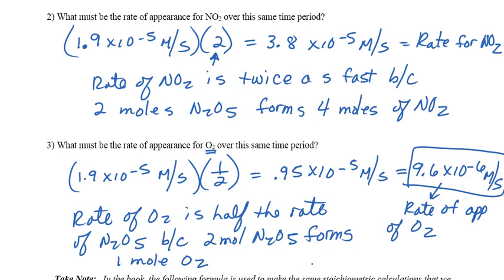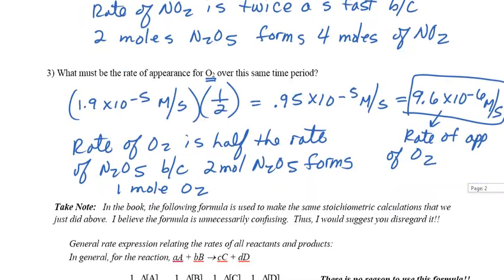See how easy that is? Once you get one rate, you can then just compare using stoichiometry to get the rates of the other ones. Okay? Always the rates are going to come out positive. That is really all I need to tell you. You should be able to do the homework.